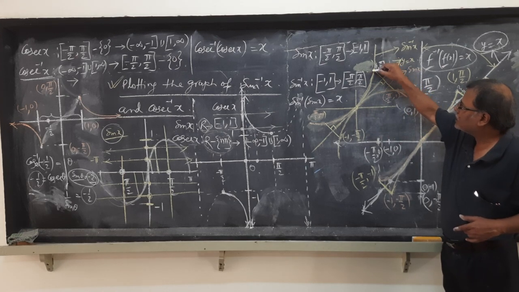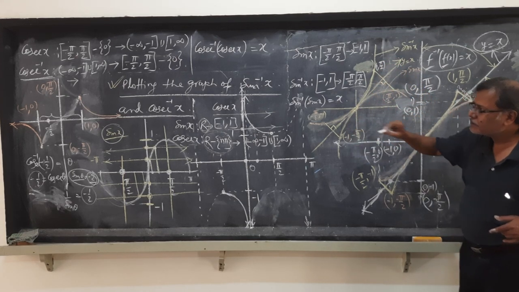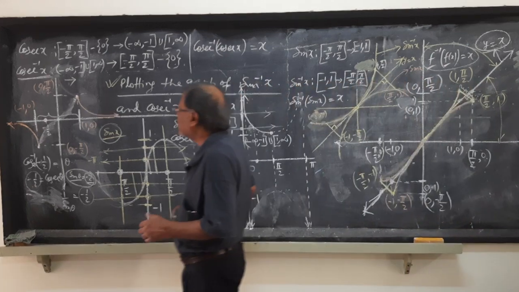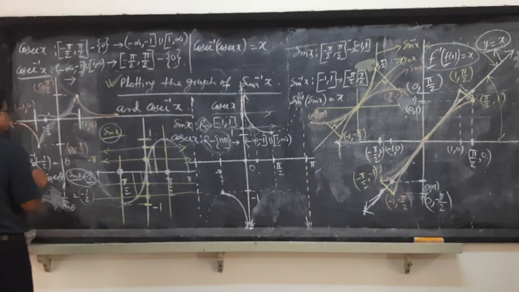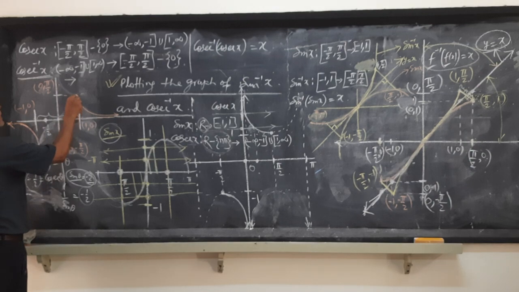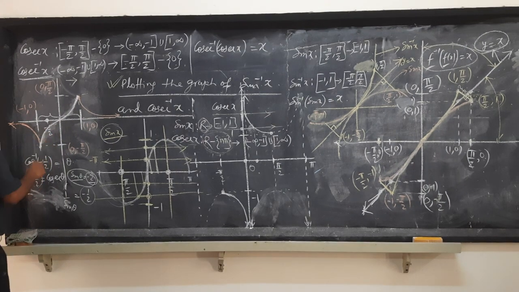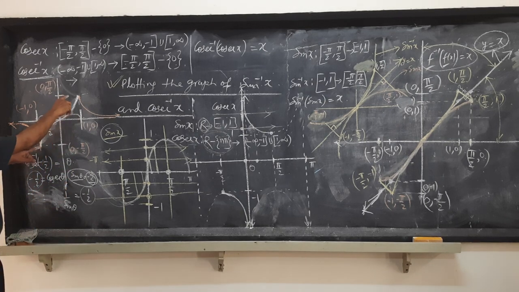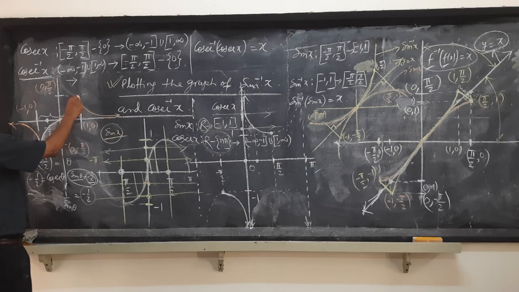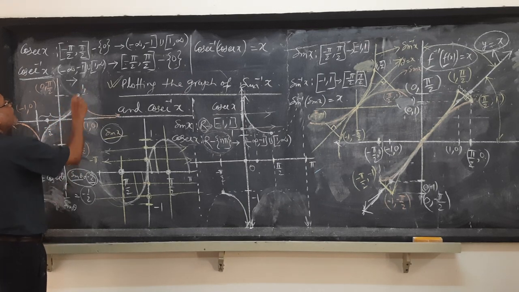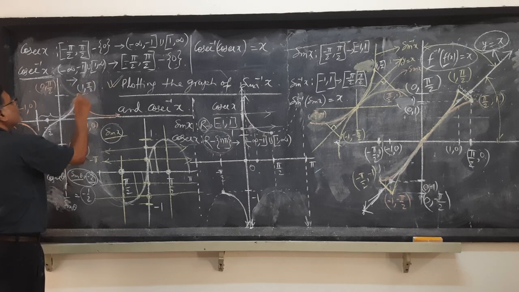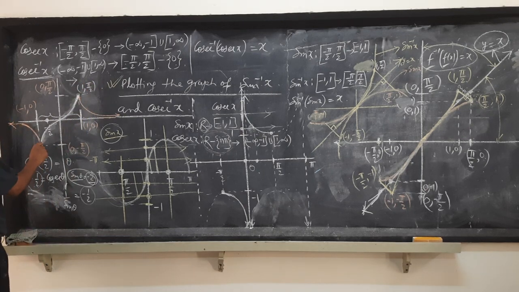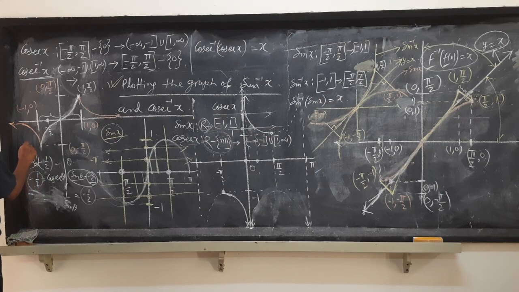You think about this sine inverse curve. If I plot the sine inverse curve over here, like this, you can see that the sine inverse curve is similar to over here. This point coordinate is nothing but 1 comma pi by 2, and this one is minus 1 comma minus pi by 2.